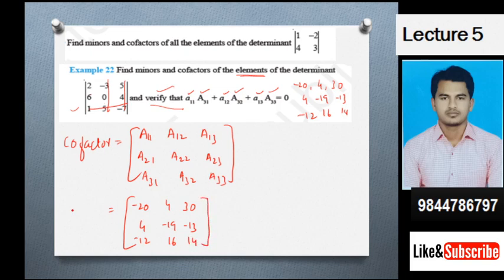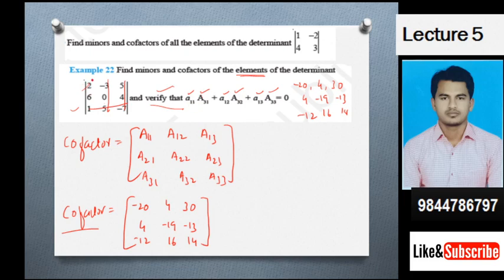So this is our cofactor of the given determinant. Having the given determinant, we need to calculate the cofactor of the matrix in each and every position. I need to verify.